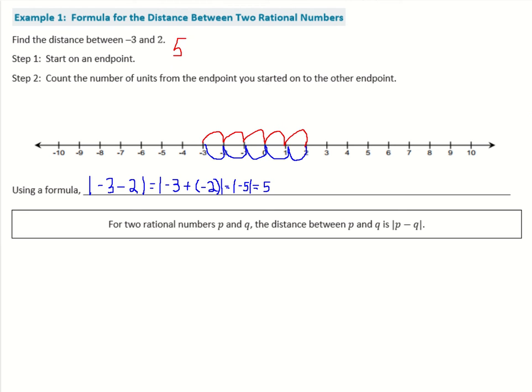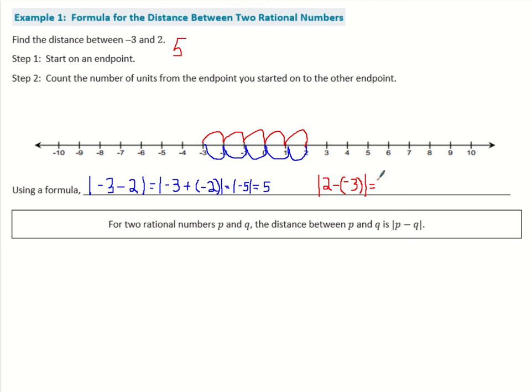What if my starting point was 2 and my ending point was -3? Well, let's see if it works the other way around. I'm going to start at 2, and I'm going to subtract my end point of -3. And remember, I'm taking the absolute value of this.